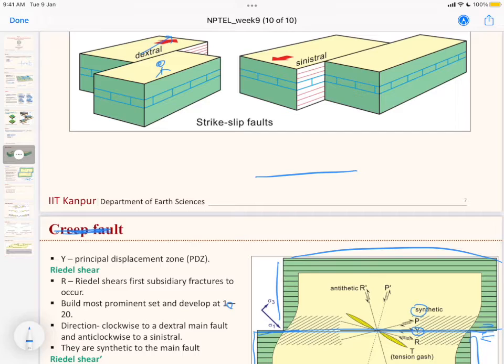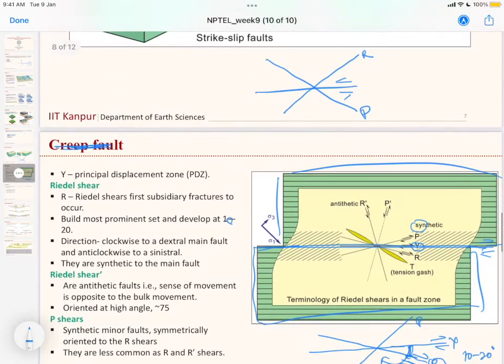Then the direction would be like this, and this would be like this. The R would be here and this P would be here like this. So you can see that it's completely opposite, or it creates the mirror image.